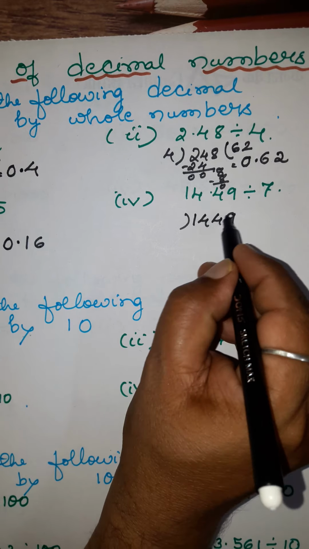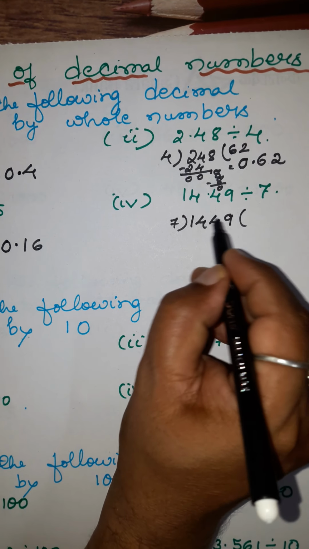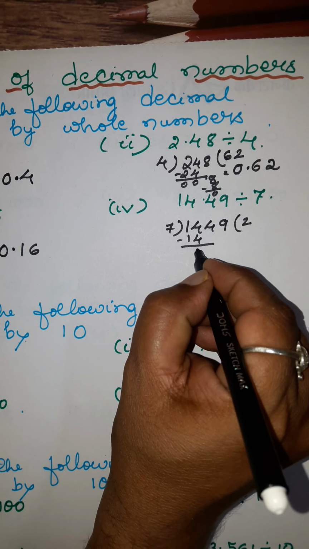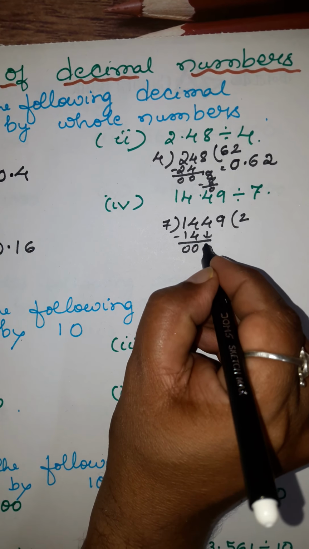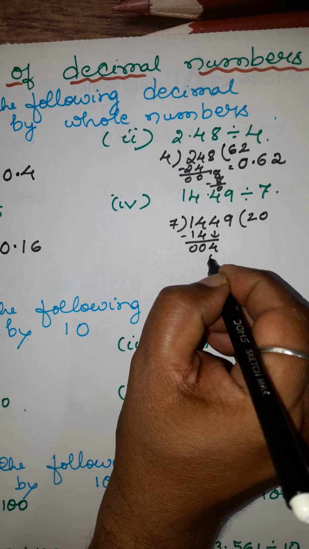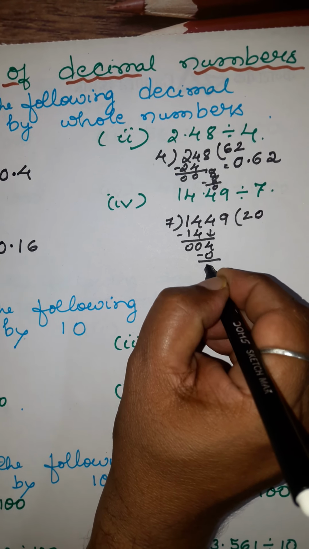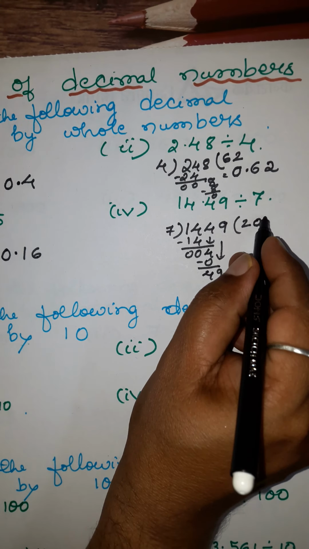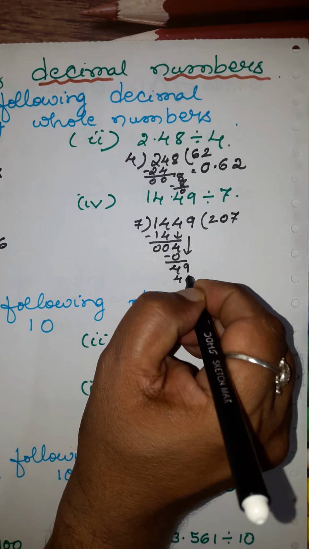So in this number 14.49 you write the number as it is. 1449 divided by 7. 7 times 2 is 14. Subtract, 0 0. Bring down 4. So 7 zeros are 0. 4 minus 0 is 4. Bring down 9. So 7 sevens are 49.